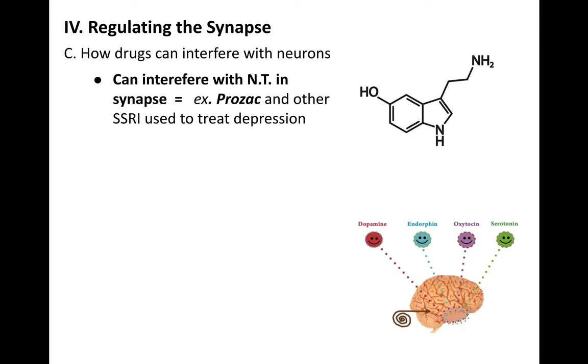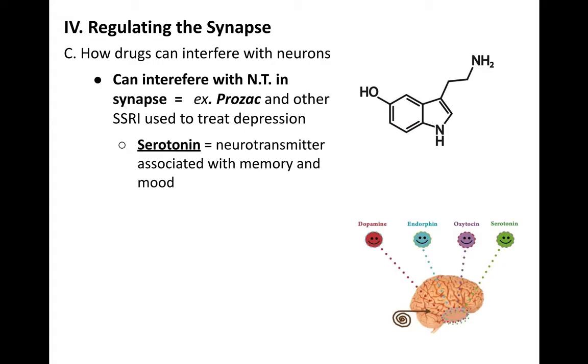It stands for selective serotonin reuptake inhibition. Serotonin is a neurotransmitter related to mood and sleep and memory. When some people are depressed, it's due to a low amount of serotonin being produced.